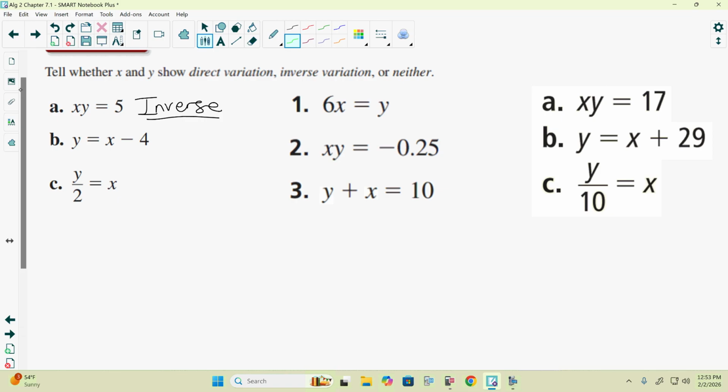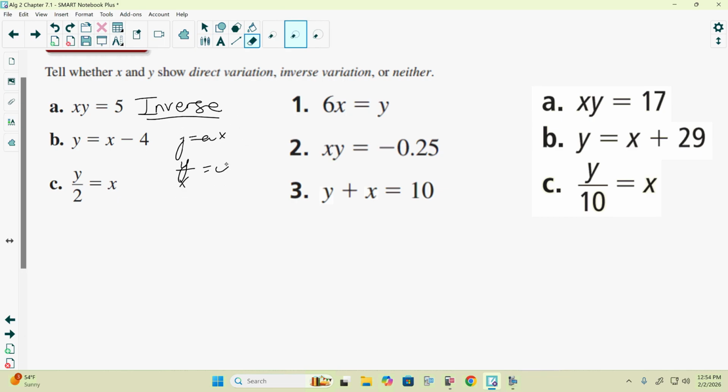Let's look at B. y equals x minus 4. Well, this doesn't look like direct, because direct comes in the form of y equals a times x, or y over x equals a.